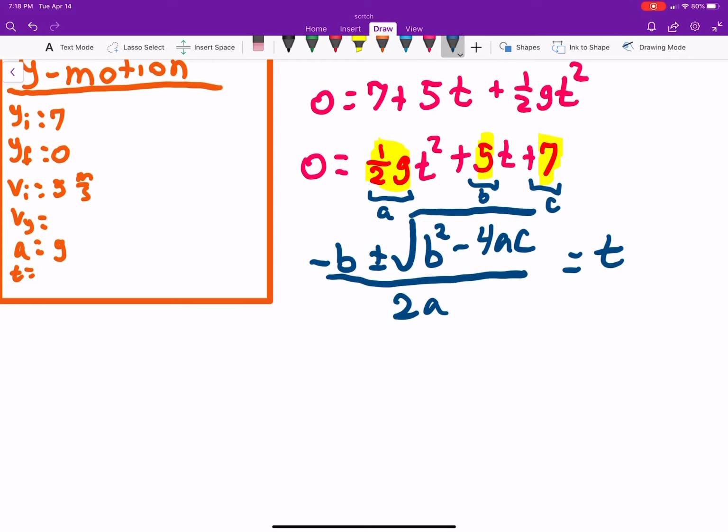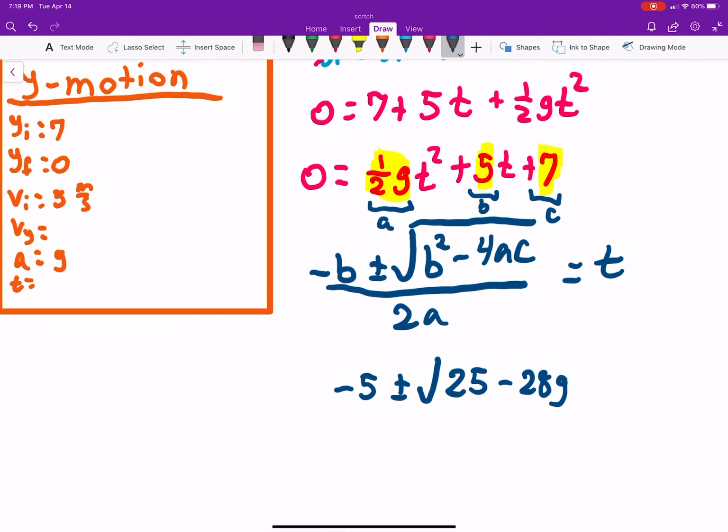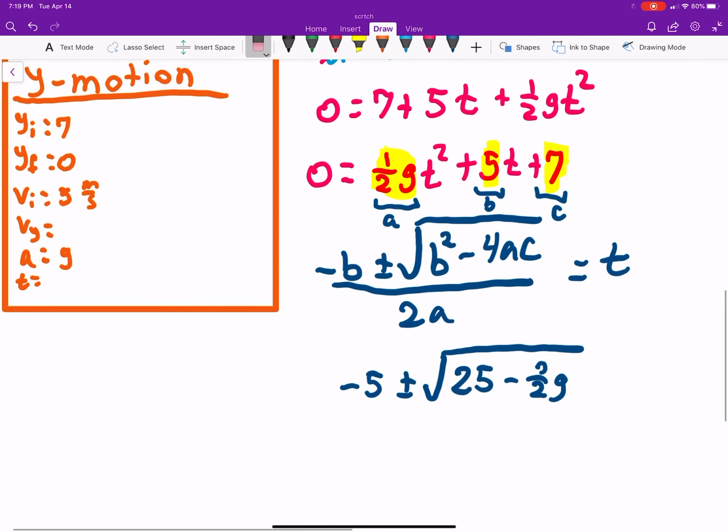Well, let's see. Negative b is negative 5 plus or minus the square root of 5 squared, so that's 25, minus 4 times a, which is 1/2 g, times c, which is 7.